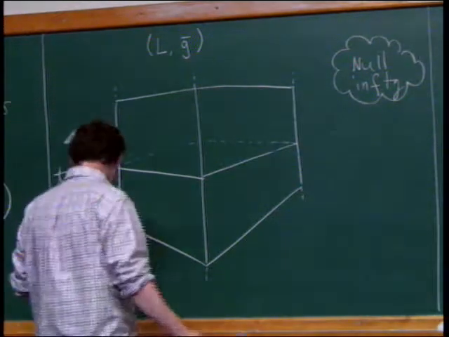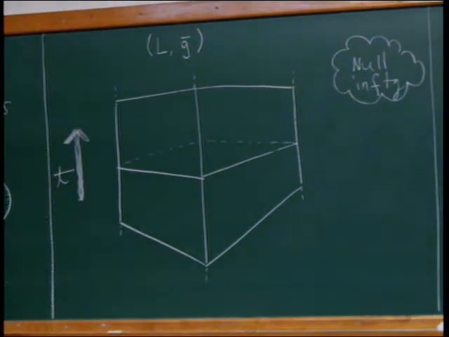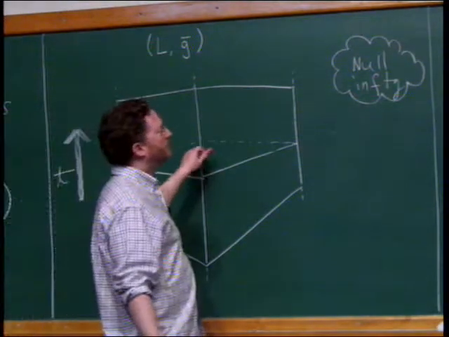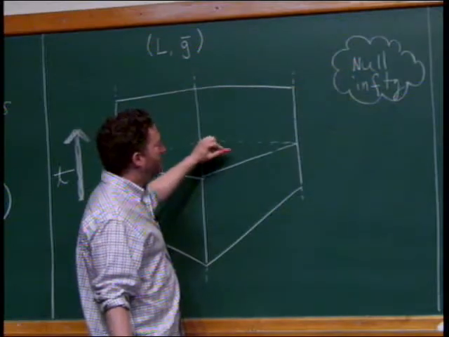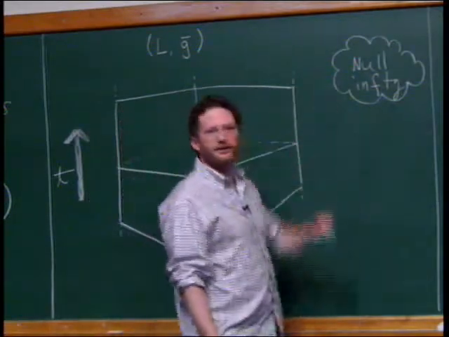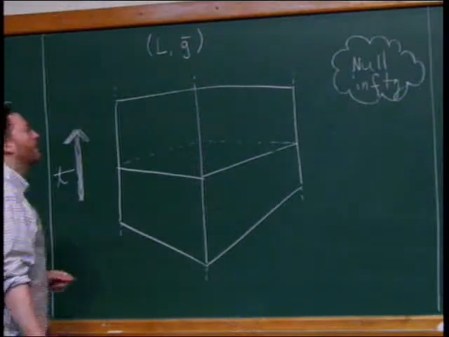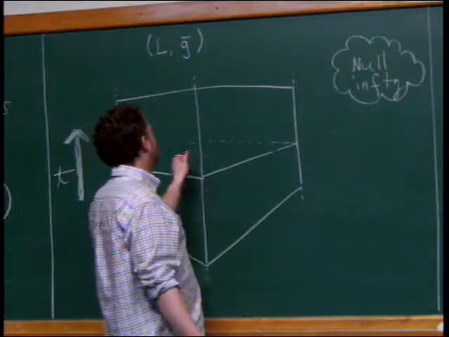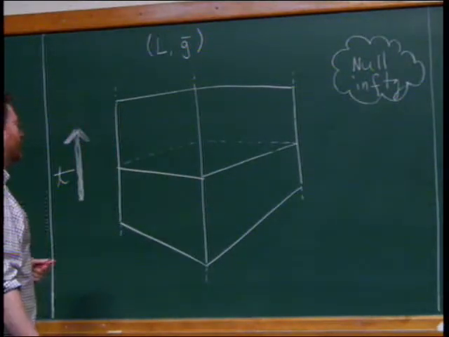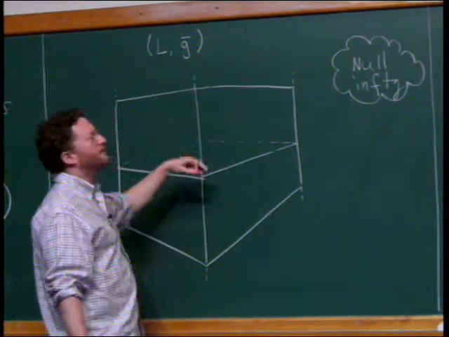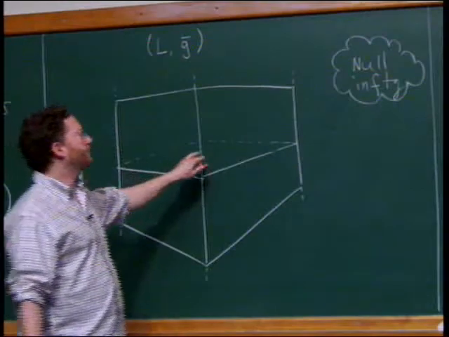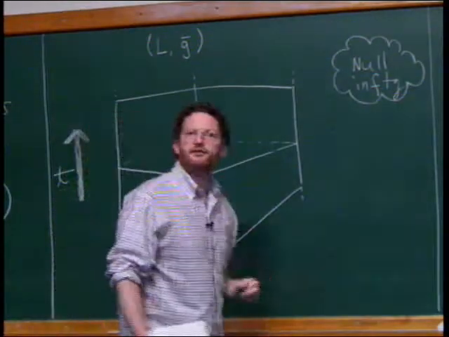In this spacetime, some points have certain curves that can reach this null infinity. These curves are, let's say, null geodesics. And for some points in the spacetime, if you look at the set of all null geodesics emanating from those points, they can never reach null infinity.